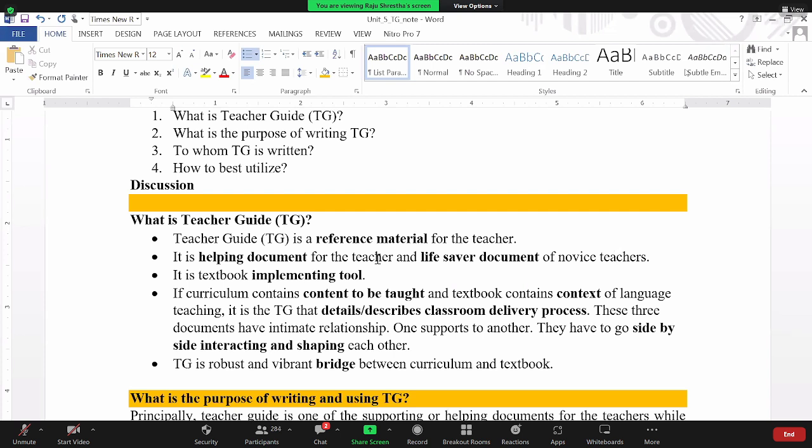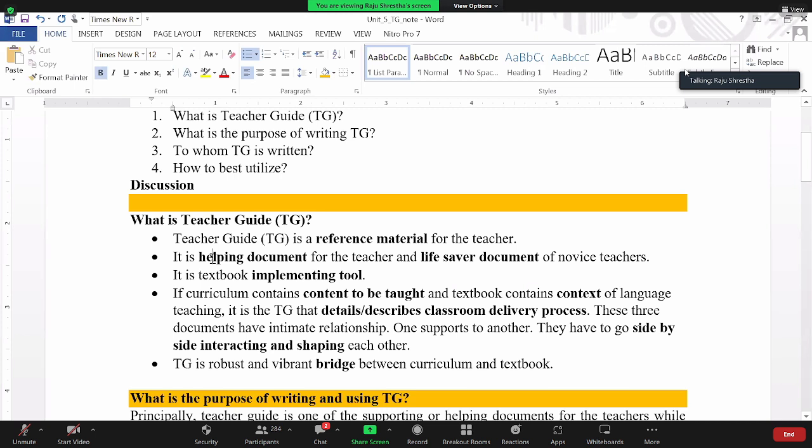So to survive in the classroom, teacher guide can be one lifesaver document, especially for the novice teachers, beginners, inexperienced teachers who have just started teaching. For them, TG becomes a lifesaver document, a survival help to survive in the diversity.